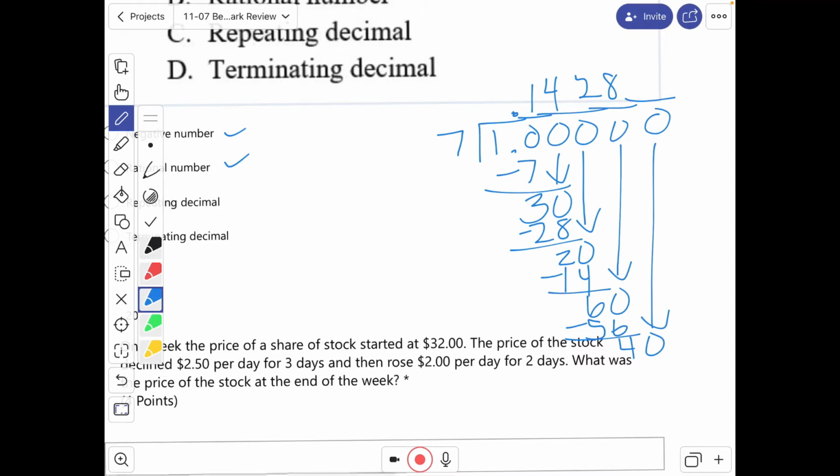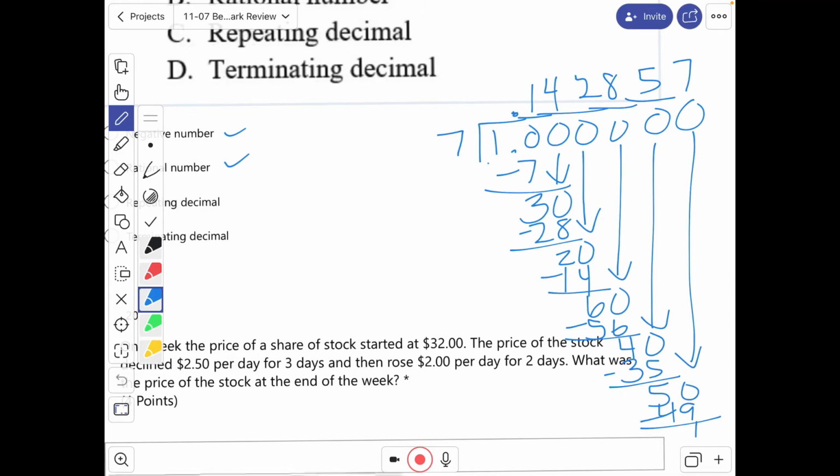7 goes into 40 5 times with 5 left over. 7 goes into 50 7 times with 1 left over.